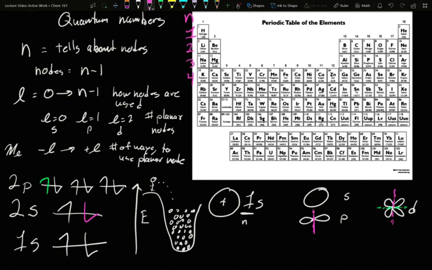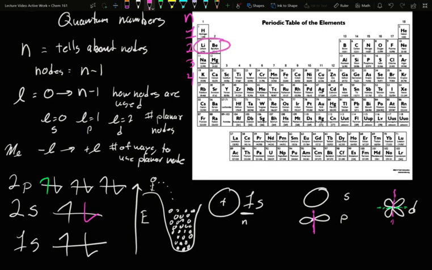Notice in the first row, there's only 2 elements, hydrogen and helium. Hydrogen has 1 electron, helium has 2. They are put in that row because they are all the things in the n equals 1. The second row, lithium, beryllium, boron, carbon, nitrogen, oxygen, fluorine, neon, you'll notice there are 8 elements in it.